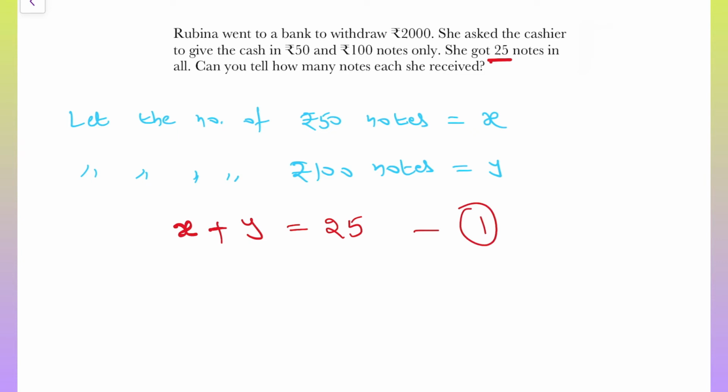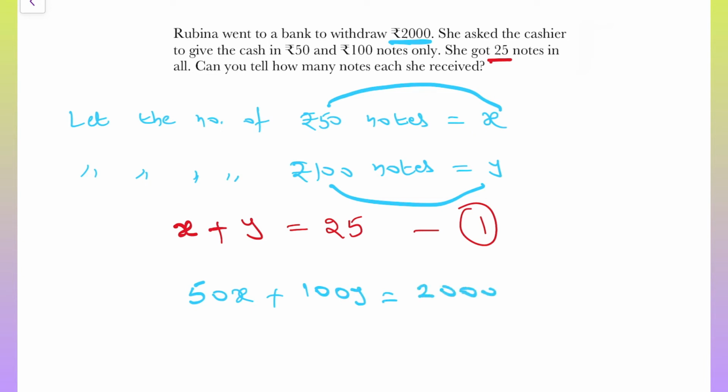Next, coming to equation number 2. Rubina went to a bank to withdraw 2000 rupees. Till now whatever we wrote was for the number of notes, right? Now the total amount is 2000 rupees. So how to write the equation related to the total amount? 50 multiplied with x, 50x, plus 100 into y, 100y, equals the total amount 2000 rupees.